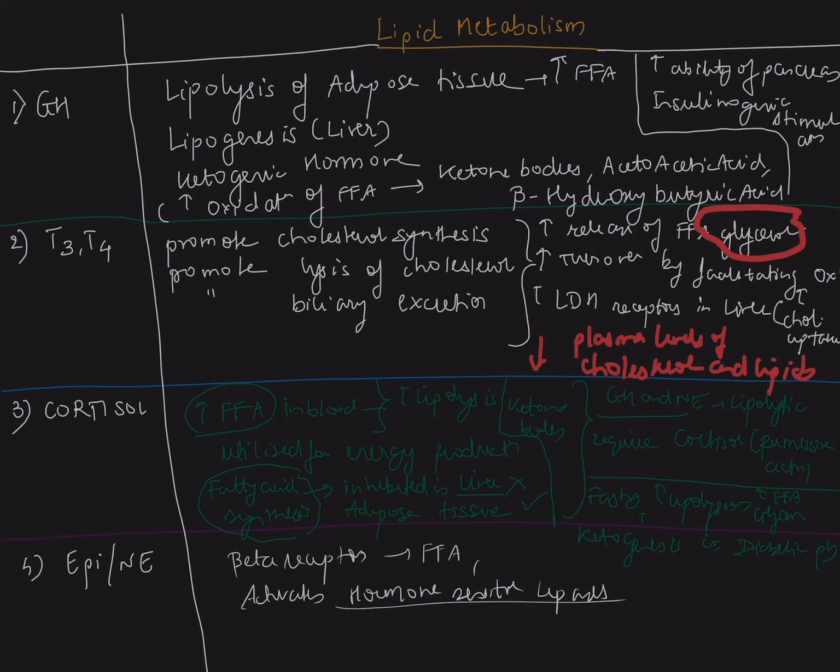It also promotes beta oxidation of free fatty acids in muscle and liver. In short, epinephrine is pro-diabetogenic and pro-ketogenic.